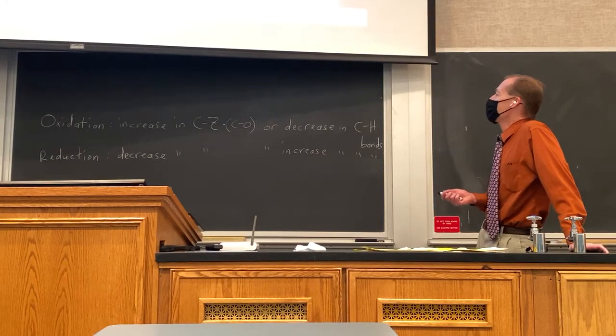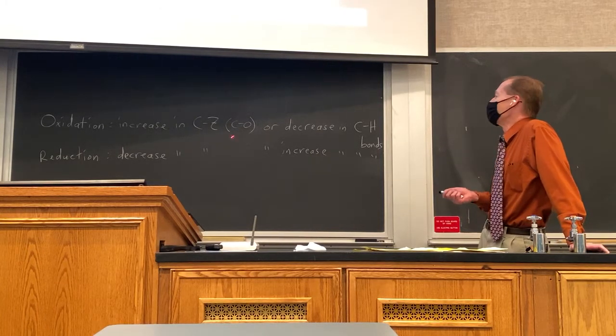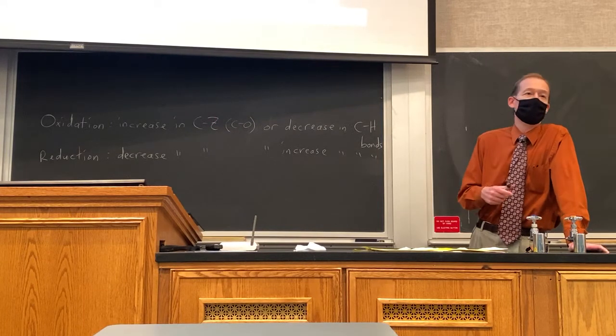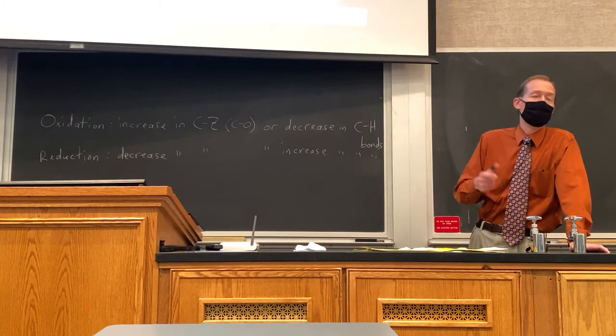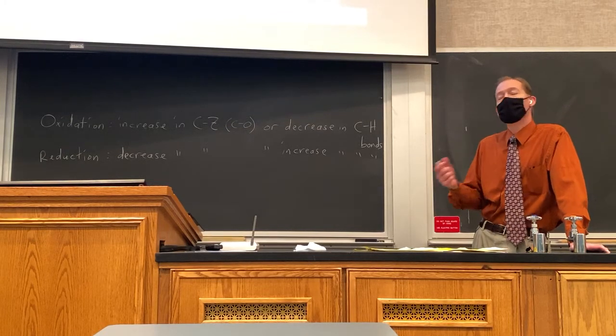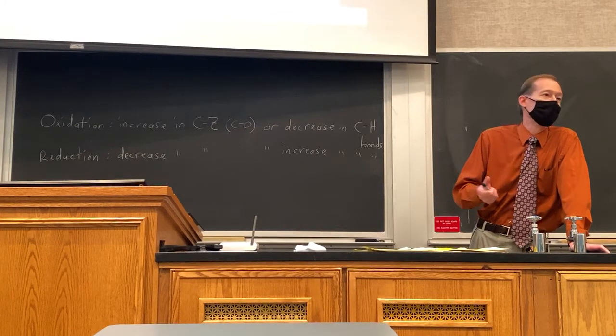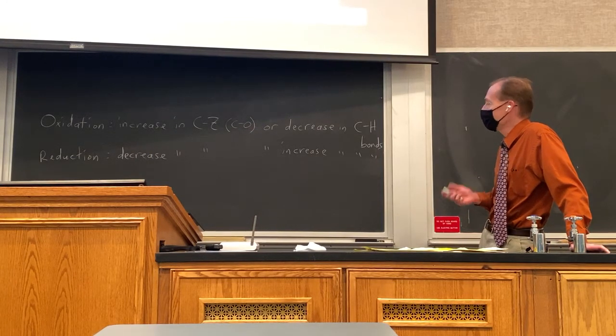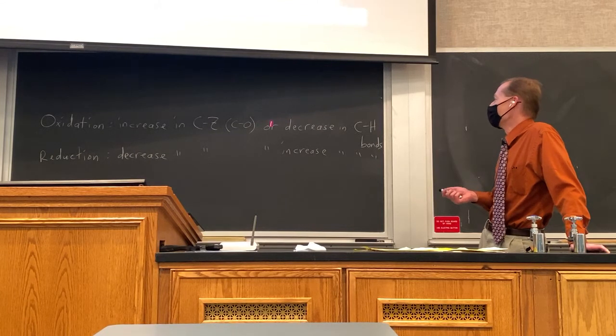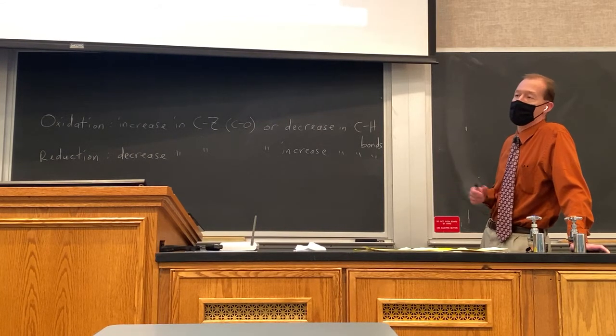So if we are increasing the number of carbon-heteroatom bonds, and that's what Z is an abbreviation for, in most cases they will be carbon-oxygen bonds, but it could be carbon-nitrogen or carbon-halogen bonds in some cases. So increasing the number of carbon-heteroatom bonds or decreasing the number of carbon-hydrogen bonds.